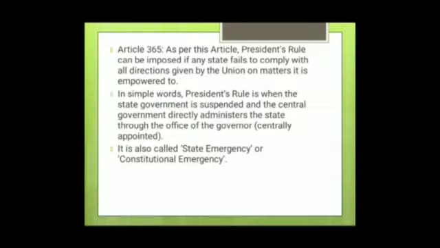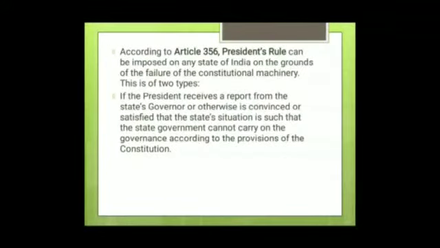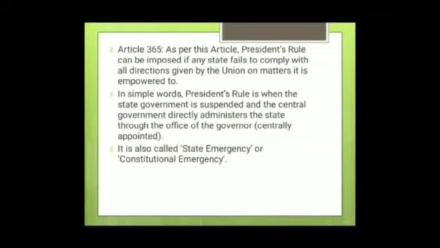The second and third points clearly tell you the meaning of state emergency, what we mean when President's Rule is applied, and what failure of constitutional machinery is in two cases. First, when the governor gives the report and the president is satisfied. Second, as per 365.